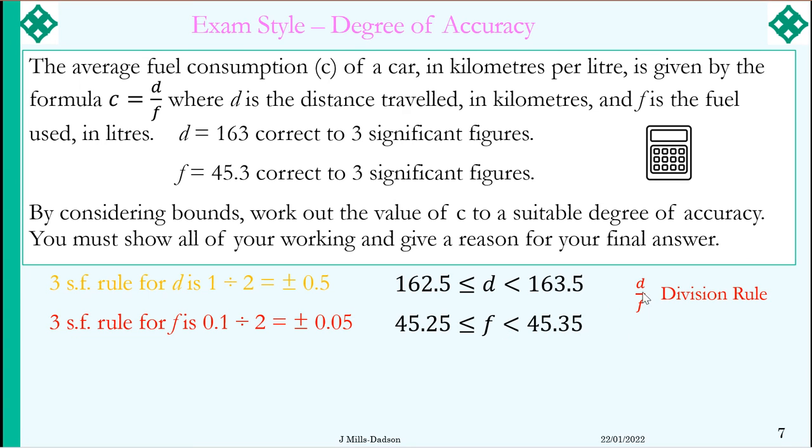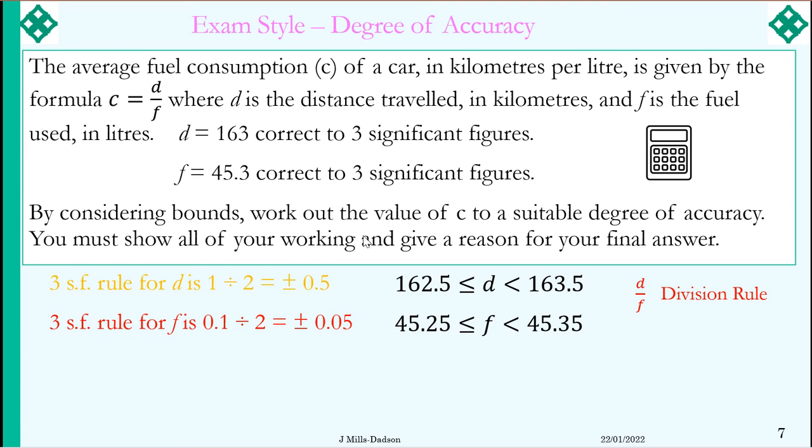Now division rule. If we recall division rule, numerator should be the biggest possible and denominator should be the smallest possible to get the biggest answer. For a smaller answer, numerator should be the smallest possible of the numerator and the denominator should be the biggest possible of the denominator. So recall your division rule.